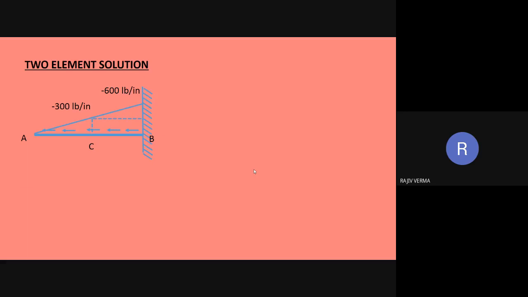So as you can see, the loading in element number 1 is still a triangular loading, but in element number 2, that is from C to B, the loading happens to be a summation of a triangular load plus a rectangular load. These two loads are supposed to be added up together to get the exact loading on the second element, but that can be carried out easily.